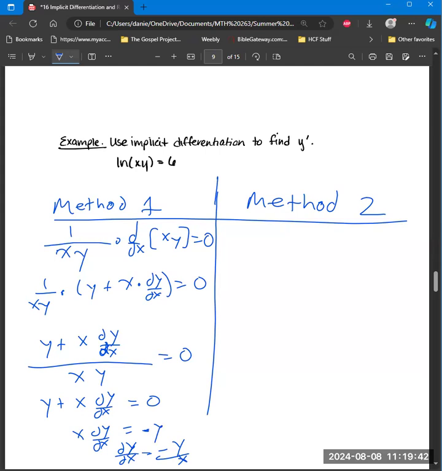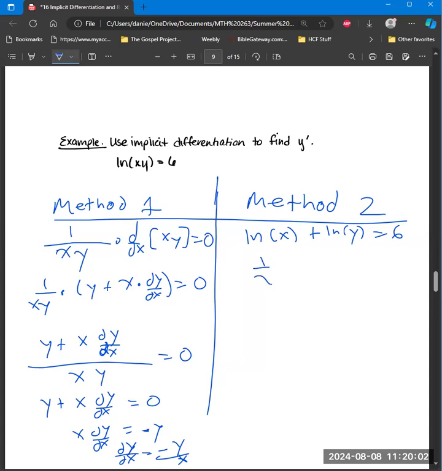Now, I think that was the harder method. Let's remember some of our log properties from pre-calculus, and when I have a product inside of a log, I can split up those logs like so. And now I'm going to differentiate.